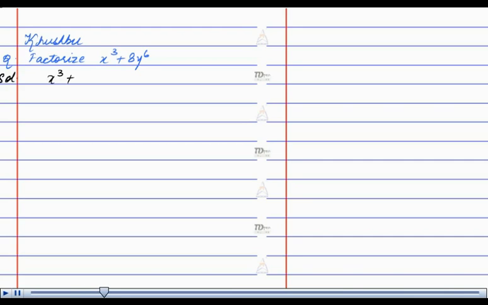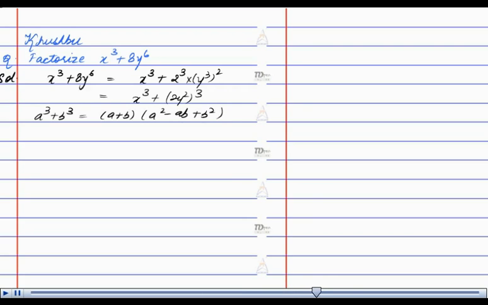X cube plus 8 into y to the power 6 can be written as x cube plus 2 cube into y cube whole square, that is (x cube plus (2y square) whole cube), and we know that a cube plus b cube is nothing but (a plus b) into (a square minus ab plus b square).